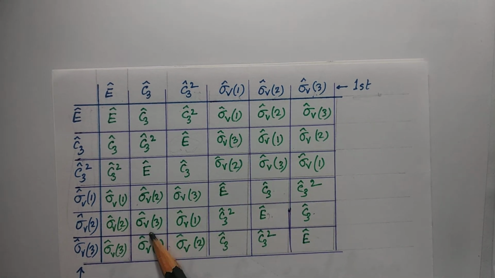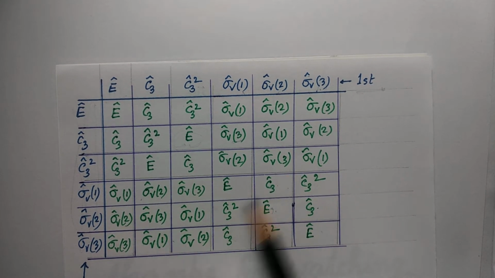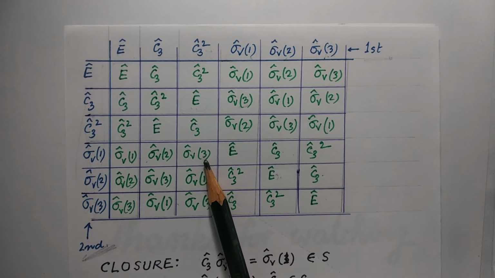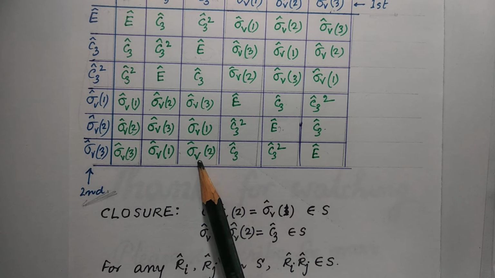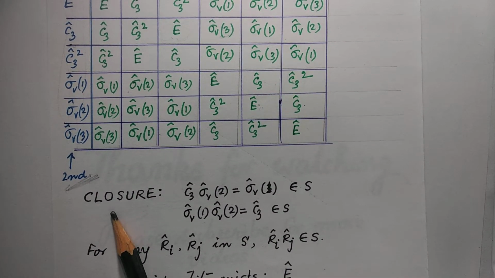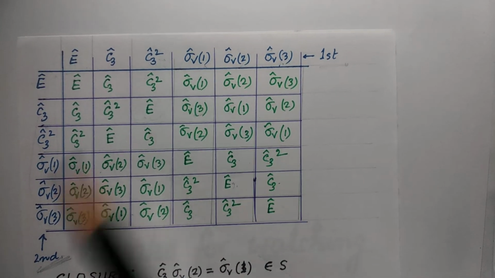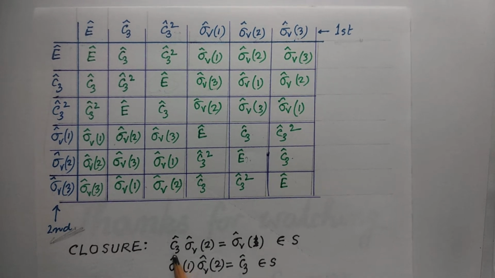Now, we can utilize this table to examine some interesting properties of the set S. The first is closure. Let us take any two members of S, say sigma V2 and sigma V3.